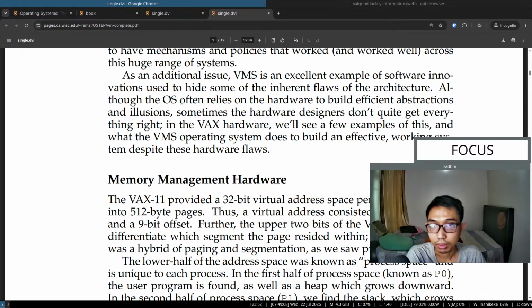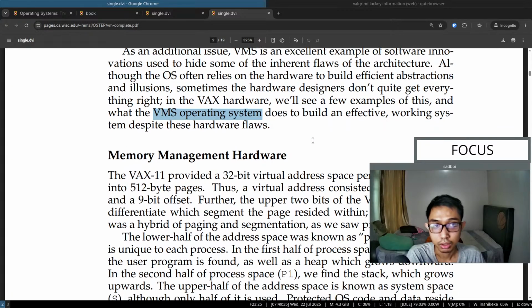In the VAX hardware, we will see a few examples of this and what the VMS operating system does to build an effective working system despite these hardware flaws.